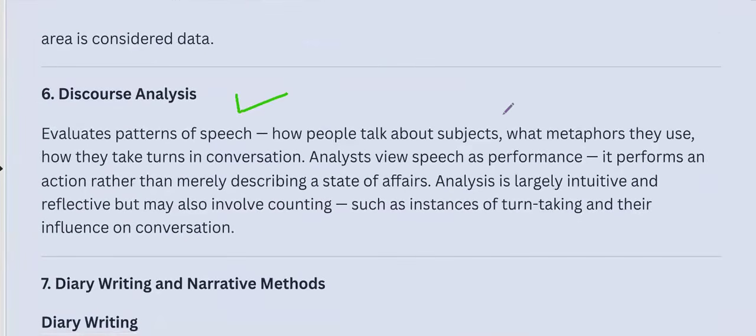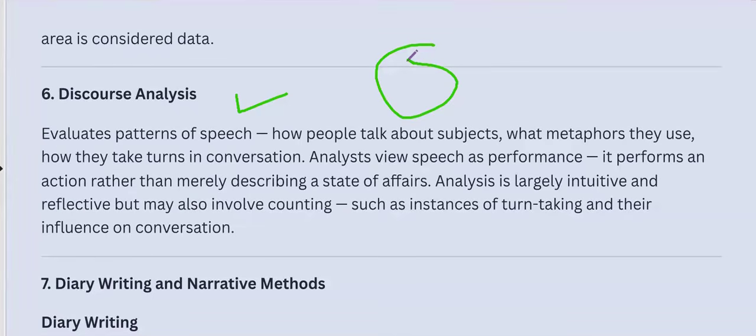Discourse analysis. Okay. So it's like a content analysis. You are seeing a lecture or a video in which five people are talking, or a podcast, and you are trying to understand the pattern of speech, how they are talking, when they are taking a pause, how people talk about different subjects, what metaphors, what language they are using. You are analyzing their body language as well. So analysis is largely intuitive.